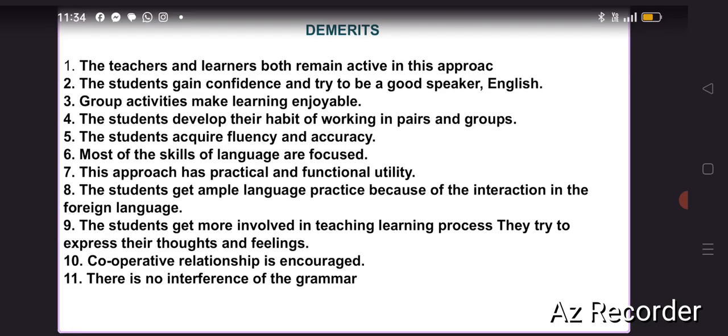So this approach is not useful for lower classes. That means for small children or children of lower standards this approach is not useful. Why? Because they cannot express their ideas, thoughts, opinions, feelings in English to others. They cannot understand how to express to others. So this communicative approach is not useful to lower classes.